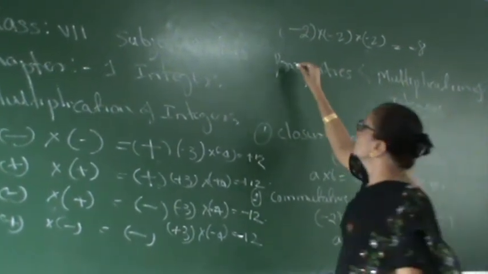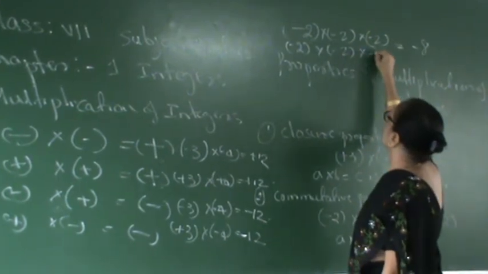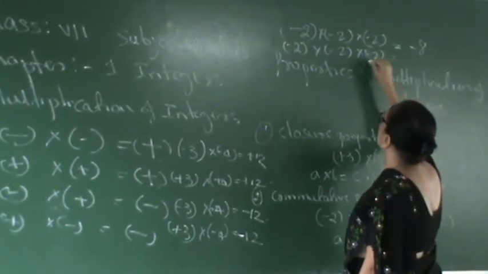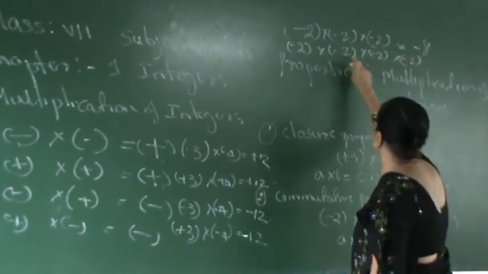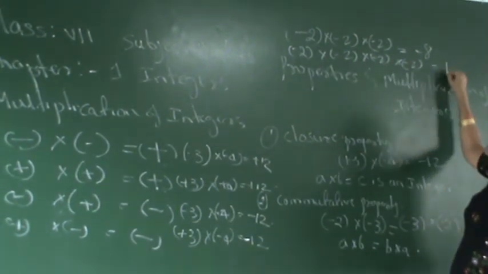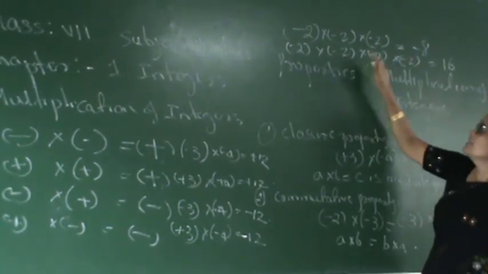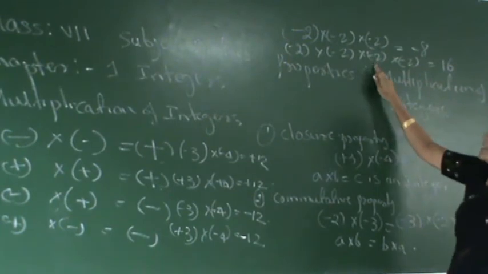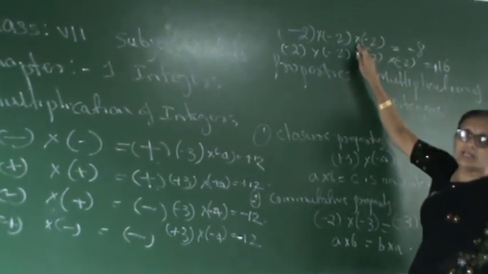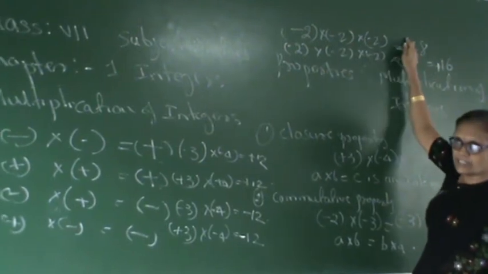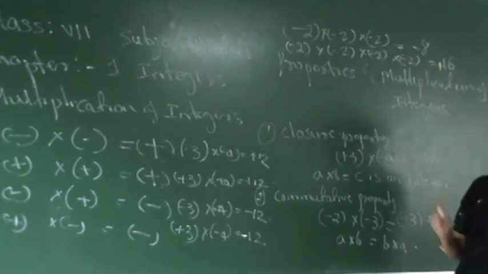Suppose you are multiplying minus 2, 4 times. 2 2s are 4, 4 2s are 8, 8 2s are 16. Minus into minus plus, plus into minus minus, minus into minus plus. See, odd times you multiply you get a negative answer. Even times you multiply you get a positive answer.